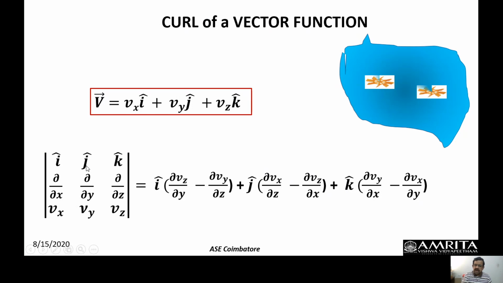The curl operation, like a vector product, will result in a vector quantity. There will be a direction associated with it, given by the right hand thumb rule or right-handed screw system rule, which means if I am rotating like this on the vector function, I am going to get the positive z direction, if I am talking in terms of the Cartesian coordinate system.